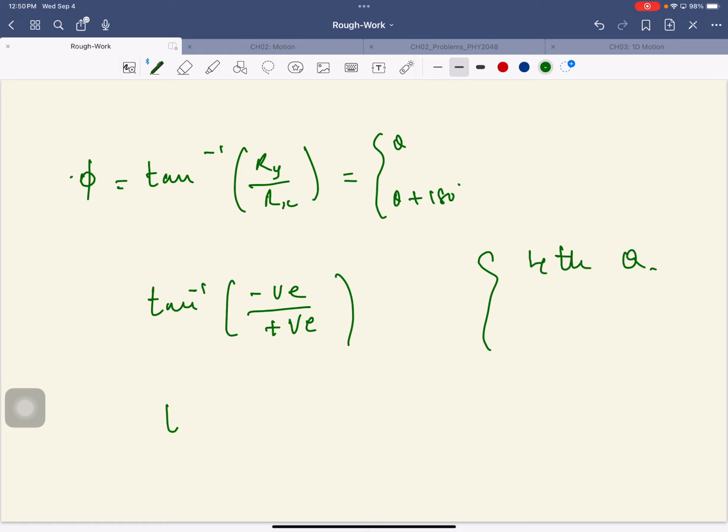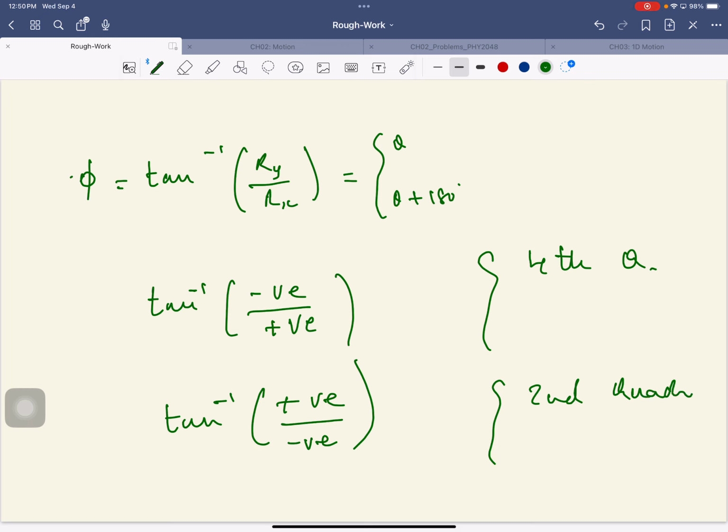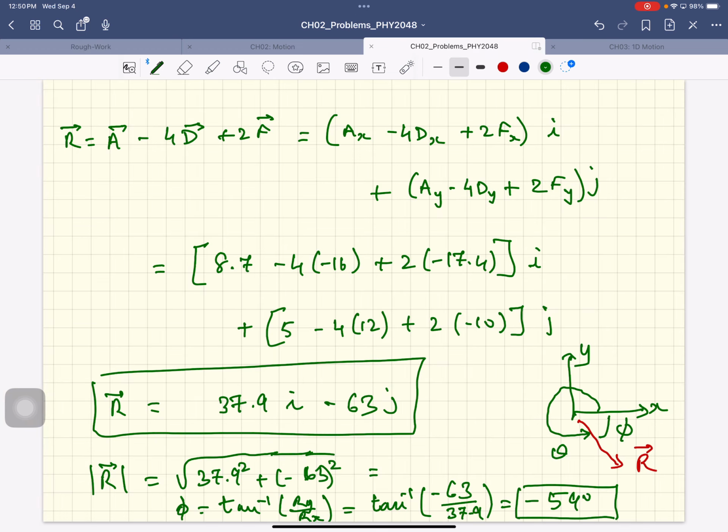And tan inverse of positive divided by negative, the number is the same if you have the same numbers, but this angle, positive over negative, is in the second quadrant. So going back to our problem, that's how you decide. You knew that your resultant vector is in the fourth quadrant.